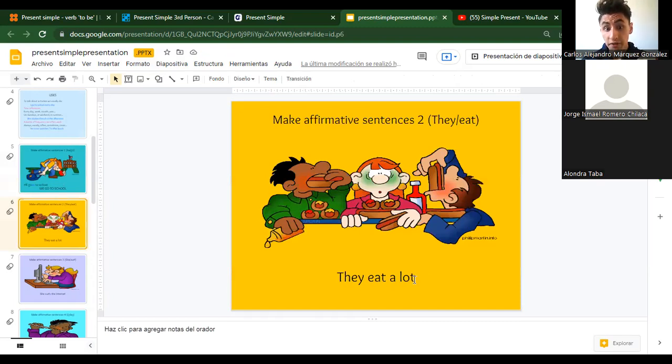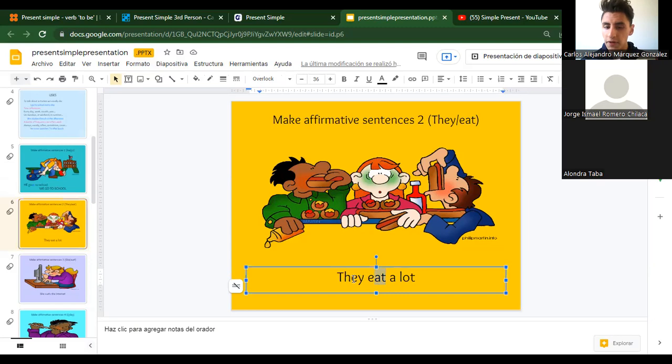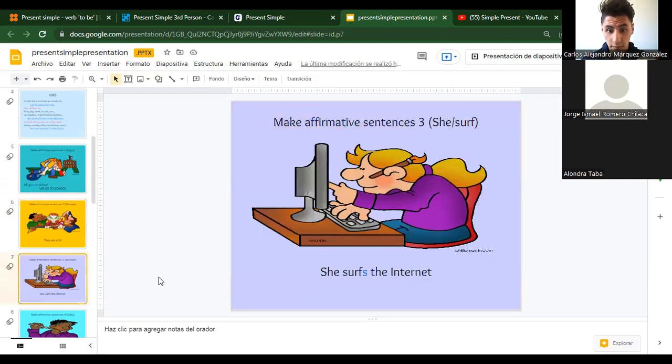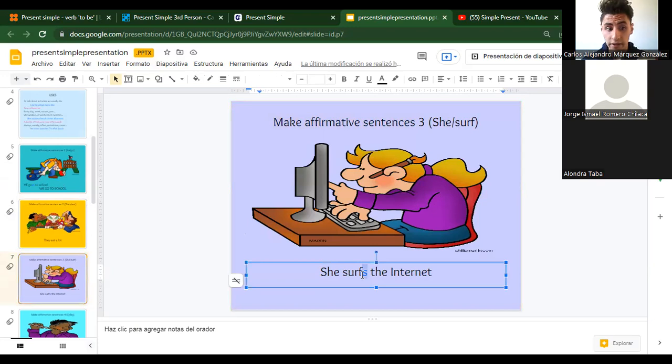Here we have another example. They eat a lot. Okay, first it's the subject pronoun, then the verb, but we don't add a letter S, okay? And complement. She surfs the internet. Ella navega por internet. We add a letter S, okay?